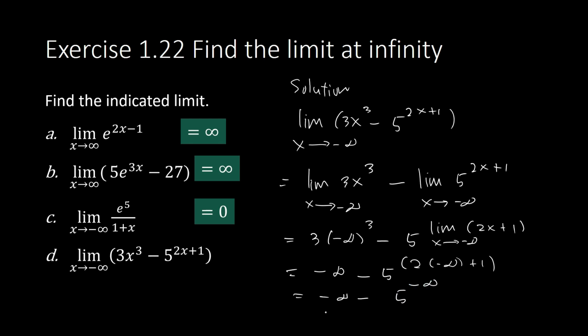Now look at this. This is negative infinity. But what about 5 raised to negative infinity? What is that? Is that equal to infinity, negative infinity, or to something else?